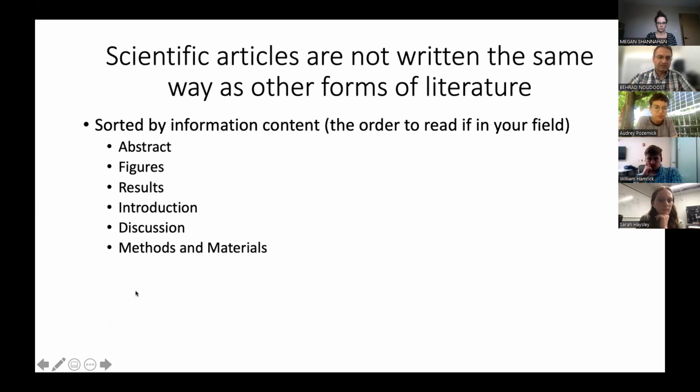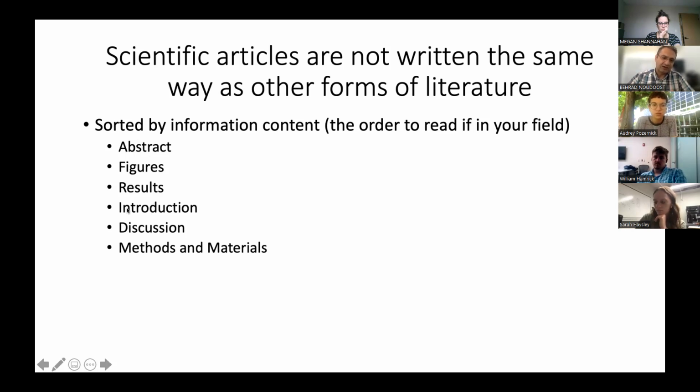But what is important is that if I want to sort it by the information content, this is the order that you should expect: most of the information per number of words is condensed in the abstract part of the paper. Then a lot of information is in the figures. Then results are a more expanded form of describing the figures and findings in the figures.